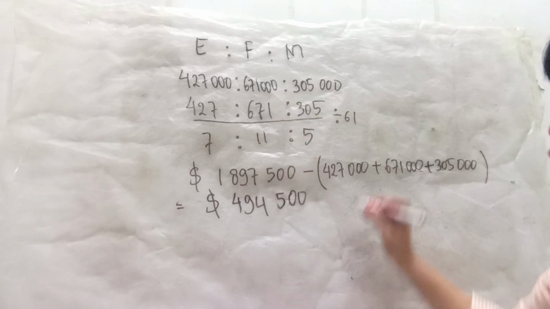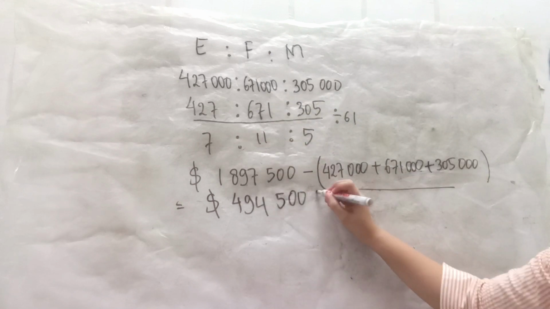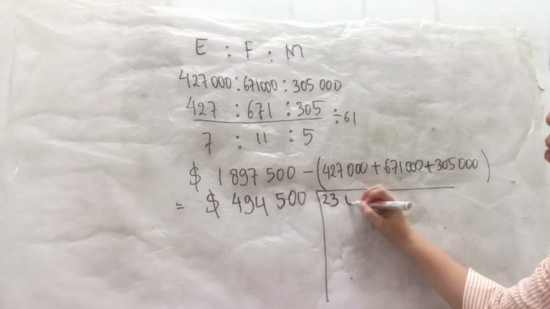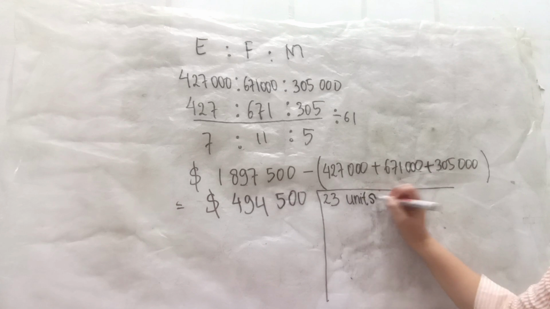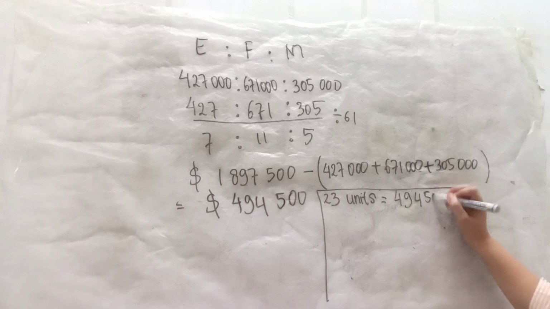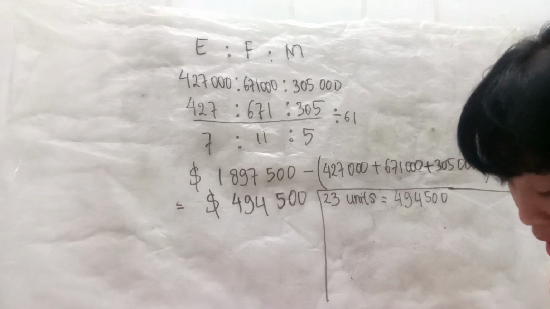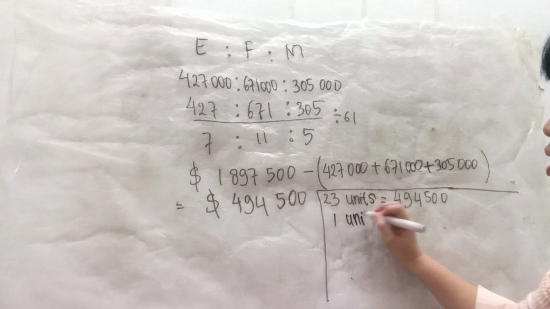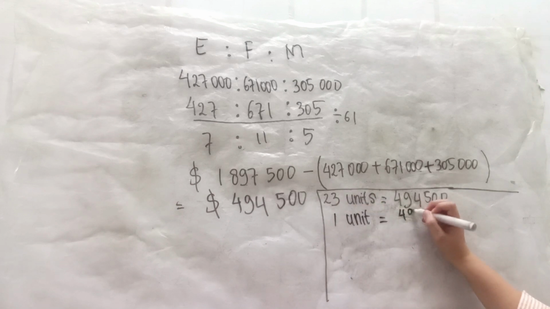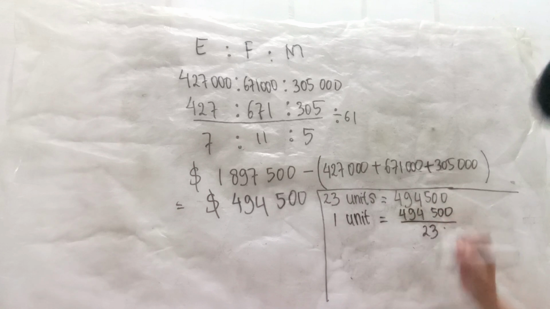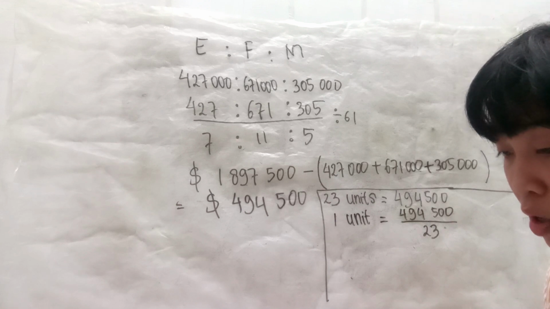So 23 units equal to 494,500. And then let's find for 1 unit. 1 unit equal to 494,500 divided by 23.